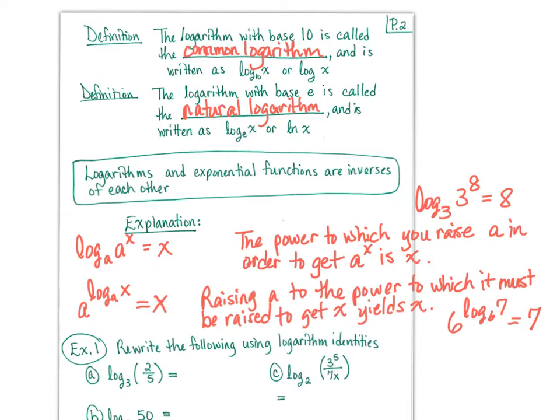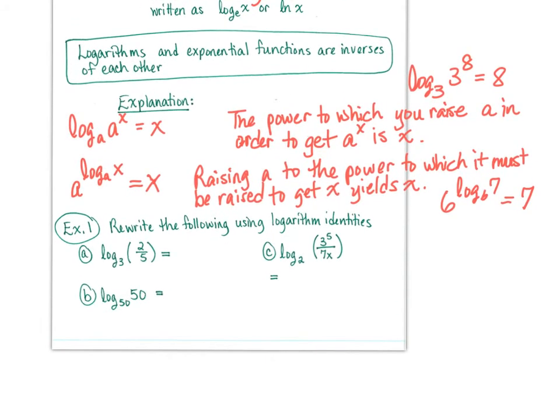Now we're going to go through an example. We're going to rewrite the following using the logarithm identities from the bottom of page 1. Part A says the log of 2/5 divided by 3. The identity we are using is identity 2, so this is equal to the log of 2 base 3 minus the log of 5 base 3.